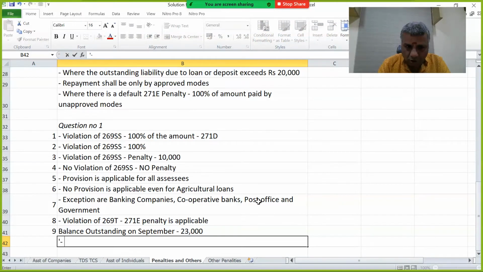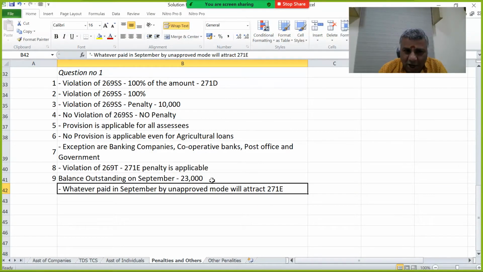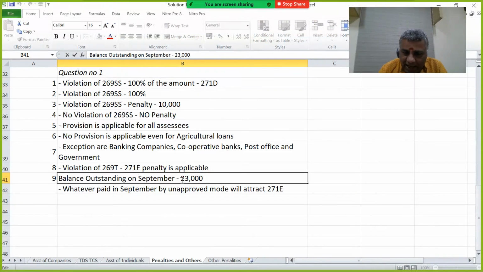Whatever is paid in September by an unapproved mode will attract 271E, because the balance outstanding, including interest, is more than 20,000.